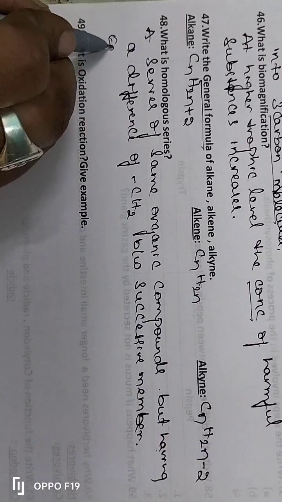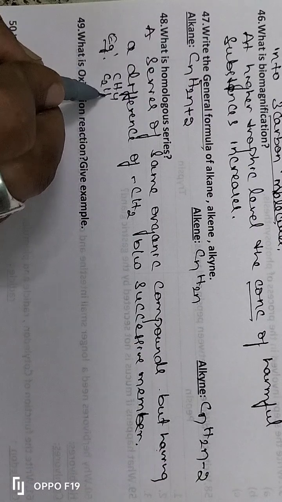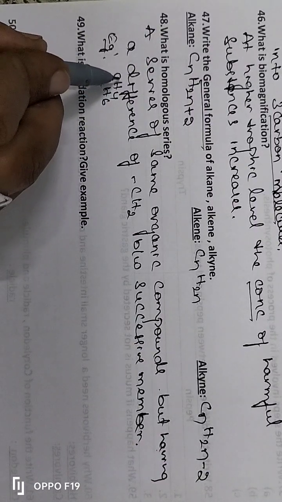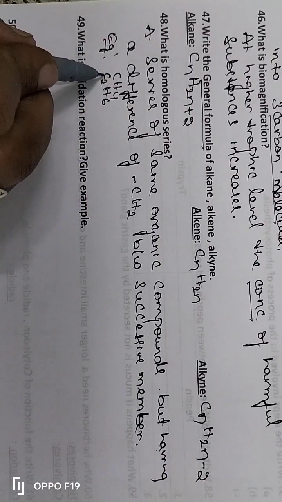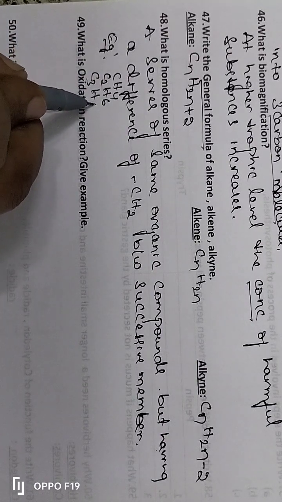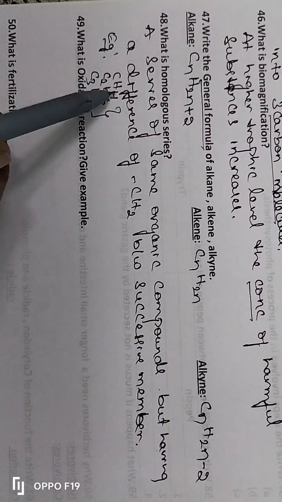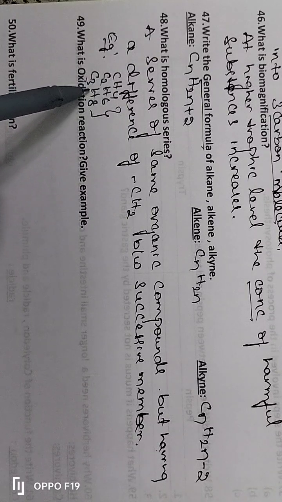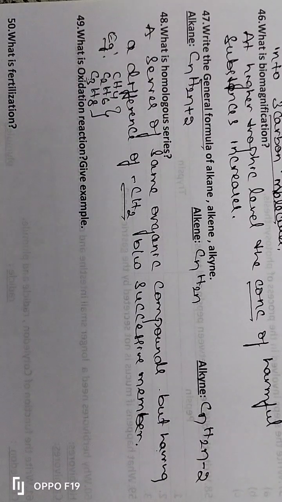So you can write the example as methane CH4, C2H6. You increase one carbon and 2 hydrogen. Here add one carbon, it will become 2. Add 2 hydrogen, it will become 6. Add one more carbon, C3, then it will become H8. It is called homologous series because all the three are a series of the same organic compound, but between successive members there is a difference of CH2.